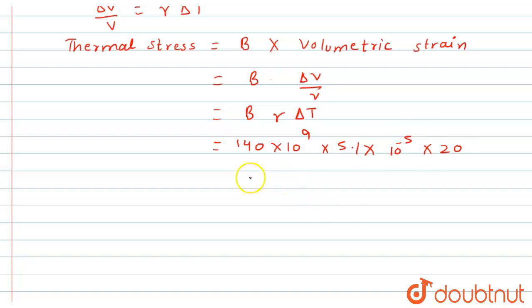After calculating we get 1.43 into 10 raised to power 8 Newton per meter square.